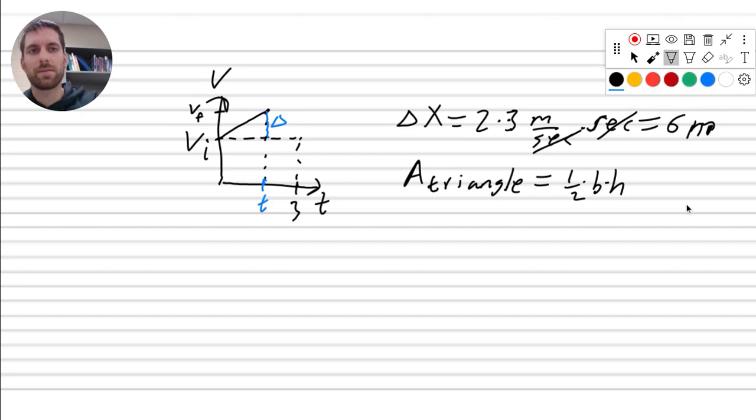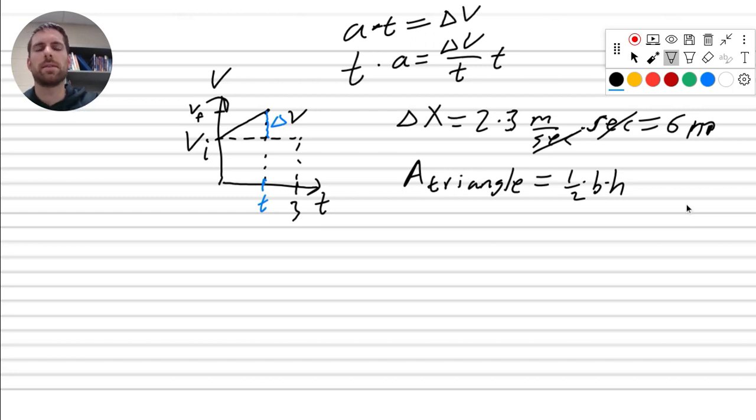Sorry. Height's delta v, base is time, and we also know to find what delta v is in terms of a and t, we can use this equation. Then solve for time, and we get a t equals delta v.